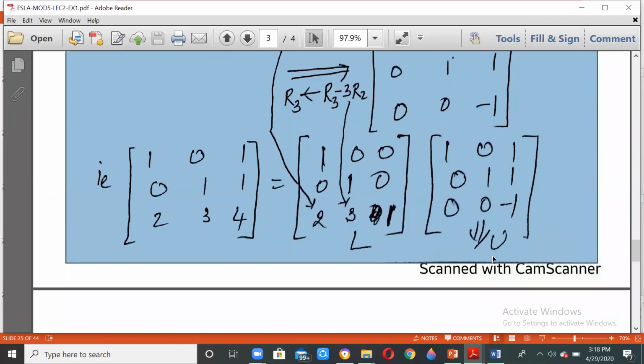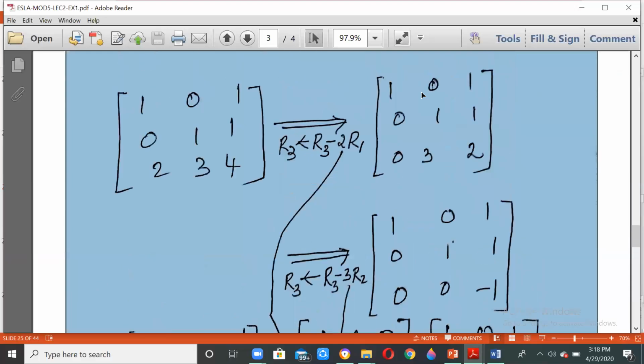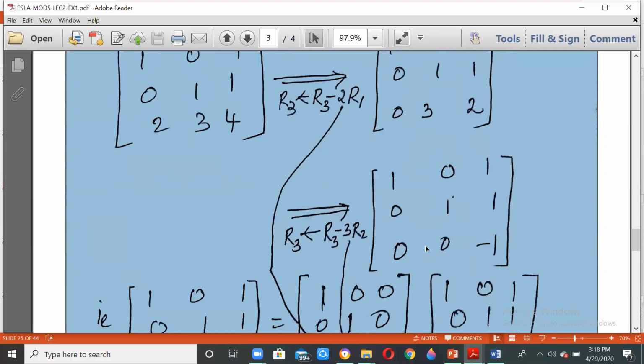Okay. So having got this, you can write that as, again, this question mark equal to this. Or rather, how did we get this? What is the matrix which will transform from here to here? That is what we are trying to write.